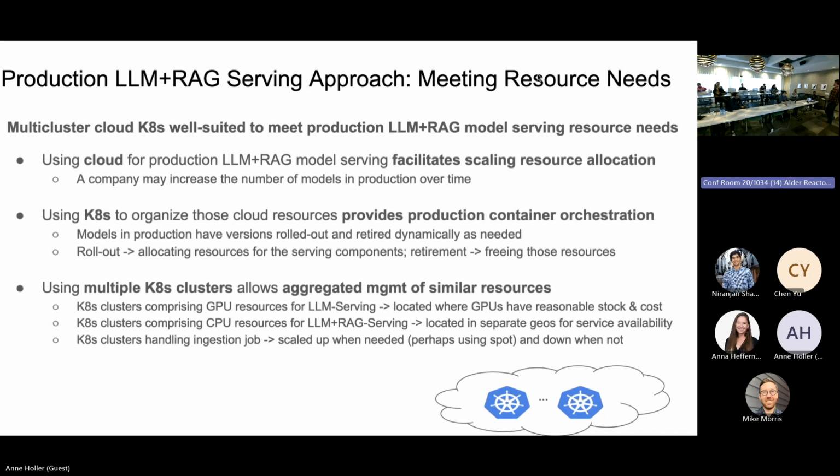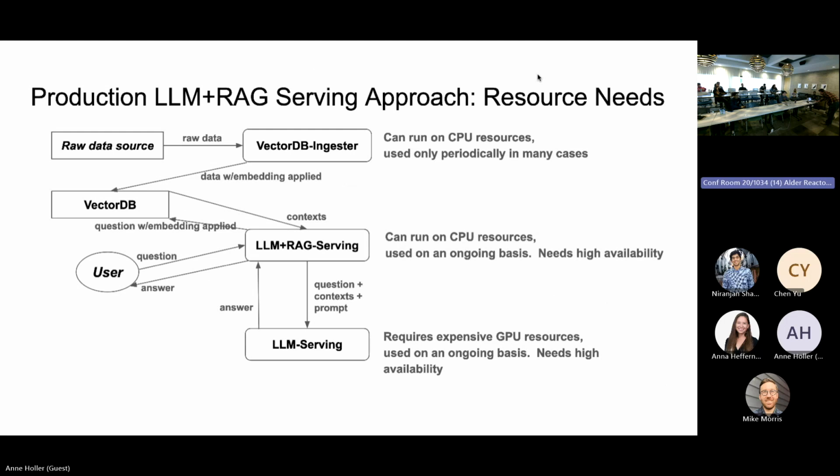You can create a clone of your environment in another cluster, for example, in another cloud provider. Or you could spread the load around, so for example you could have your vector database ingester in one area talking to a vector database in another area. However you want the topology.